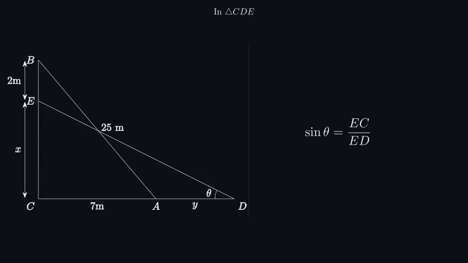Substitute EC equals 22 and ED equals 25. Sin theta equals 22 over 25. Sin theta equals 0.88.